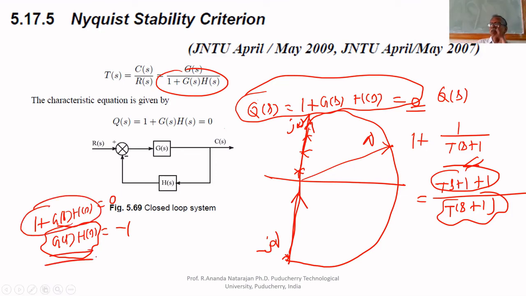If we check for minus 1, then we can check directly for the open loop transfer function. No need to go for the closed loop transfer function, because we are not checking for the origin. We are checking for minus 1. That's why we can check for G of S, H of S.